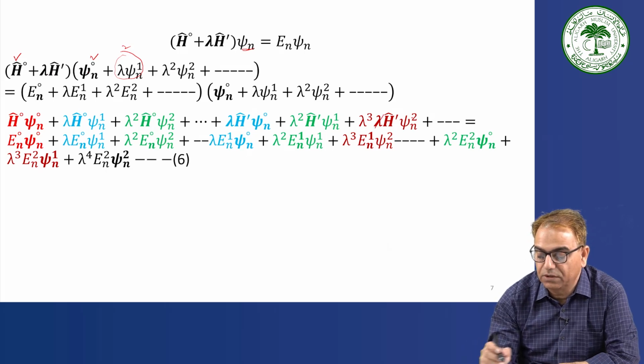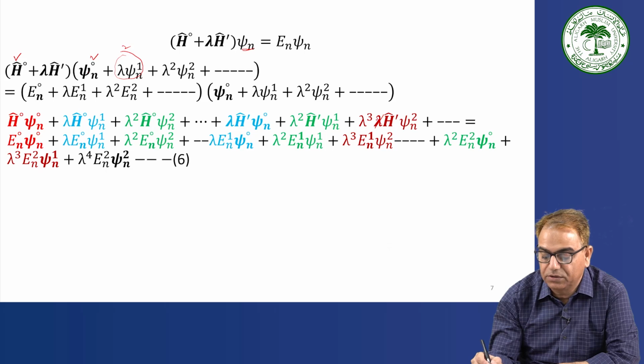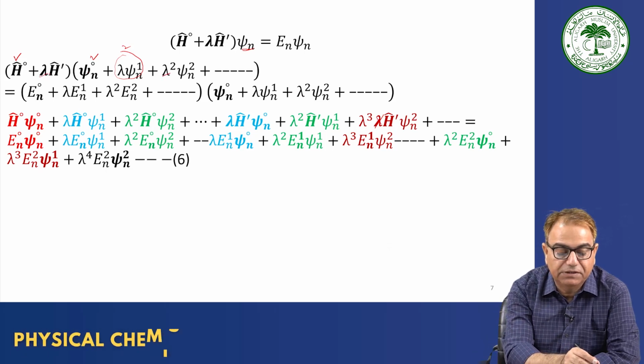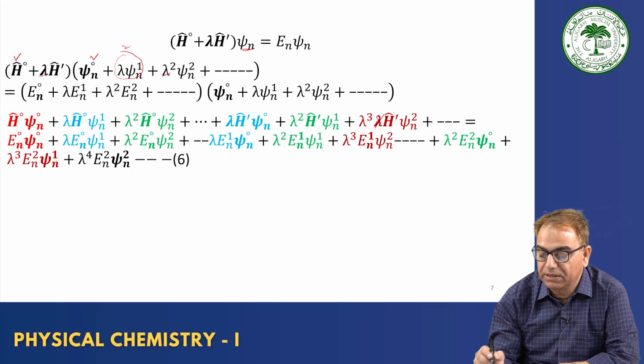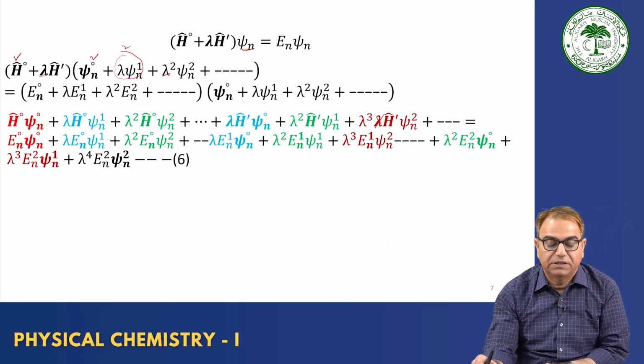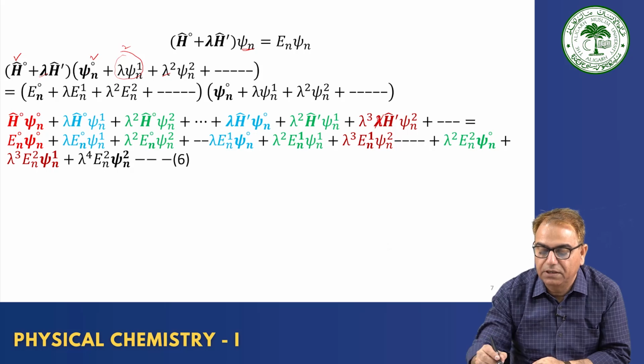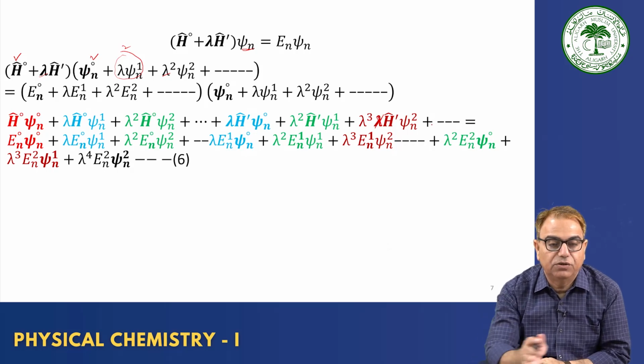It will be lambda cubed only, because lambda squared multiplied by lambda gives you lambda cubed. Okay, so this is your LHS.